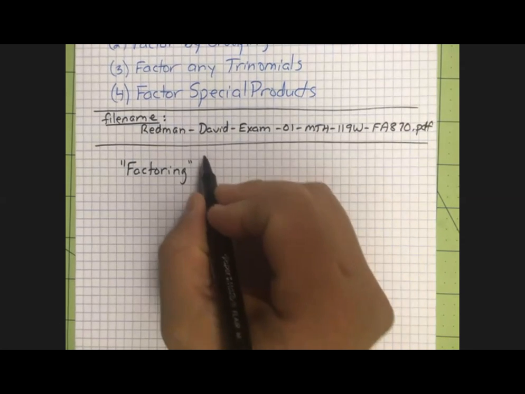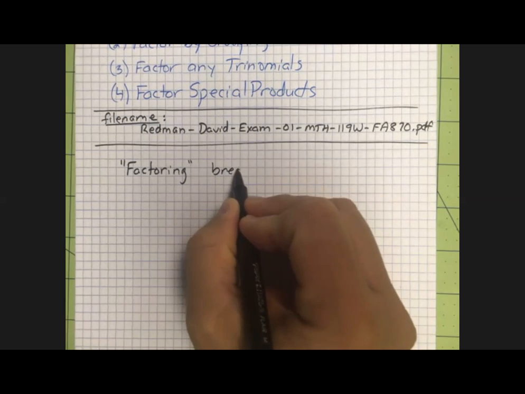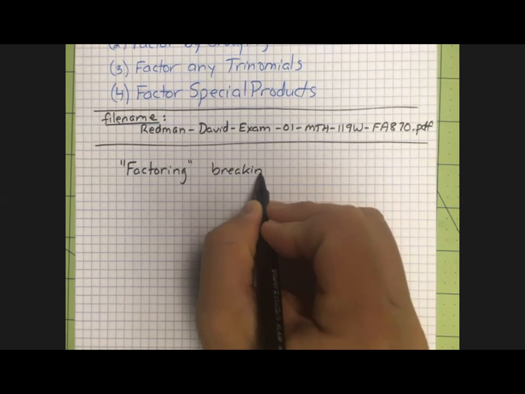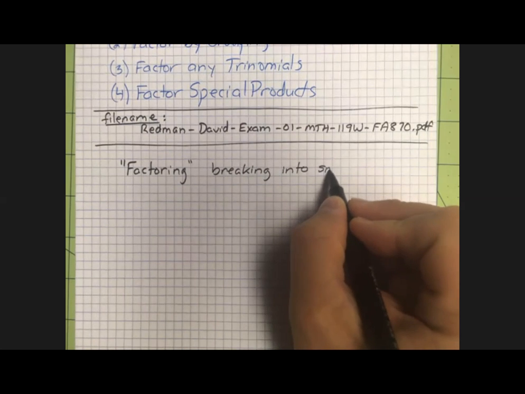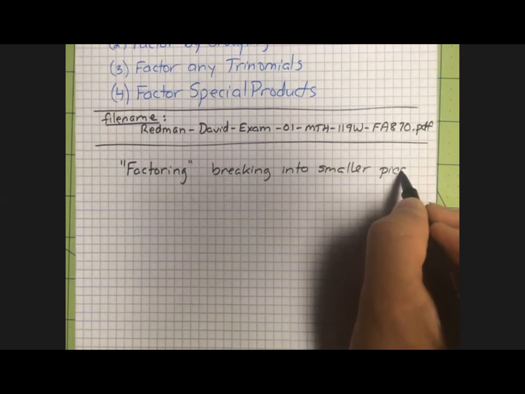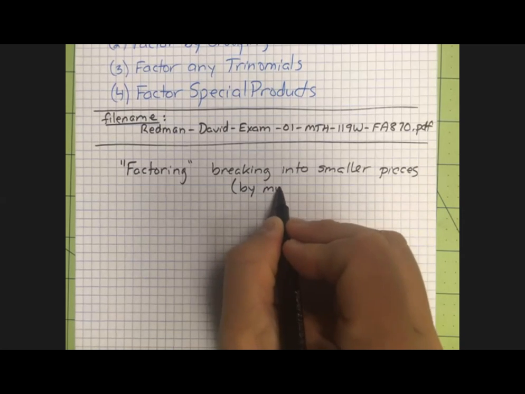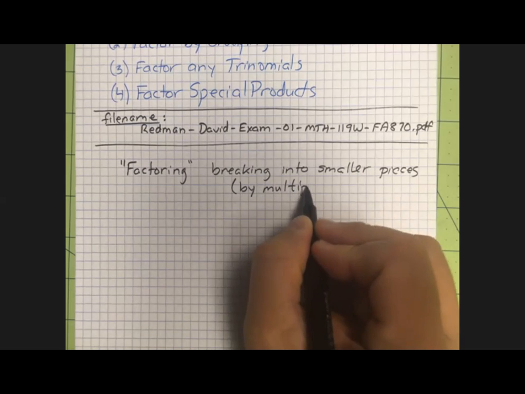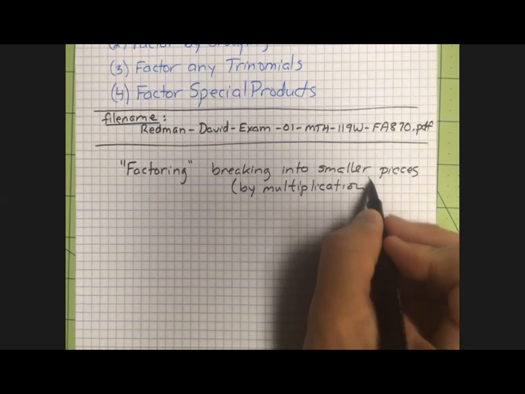So factoring is basically, in plain English, breaking something into smaller pieces by multiplication. So factoring, in a sense, is another form of dividing.